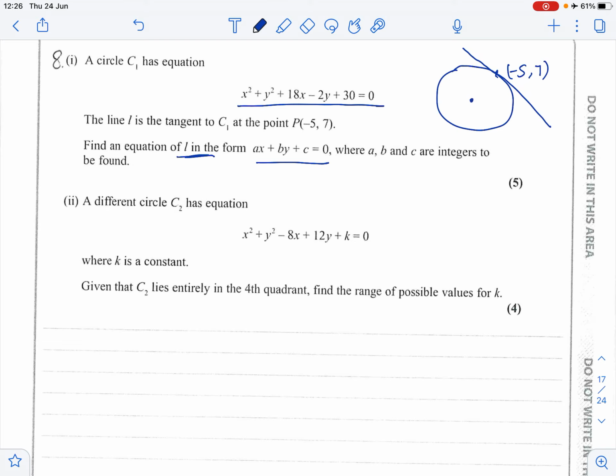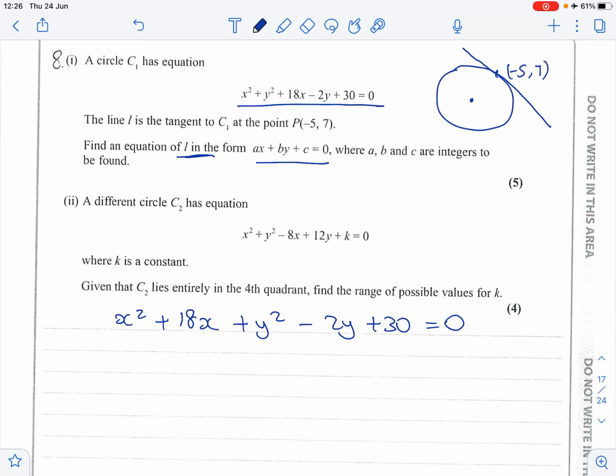To find the center of the circle, I need to complete the square. So I have x squared plus y squared plus 18x. So I'm just going to rewrite it in this format, so it's just easier to complete the square. So x squared plus 18x plus y squared minus 2y plus 30 equals 0. Then complete the square.